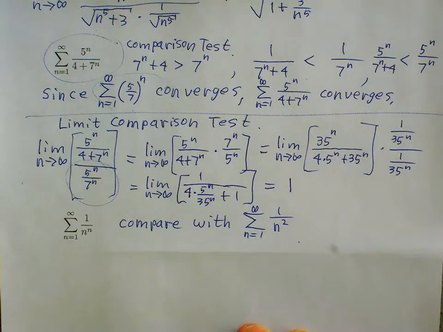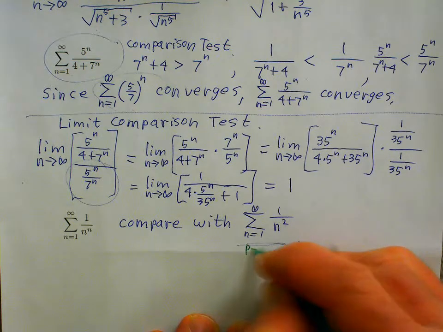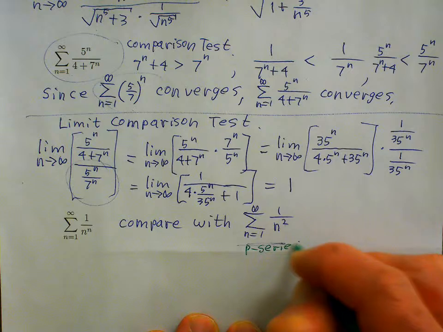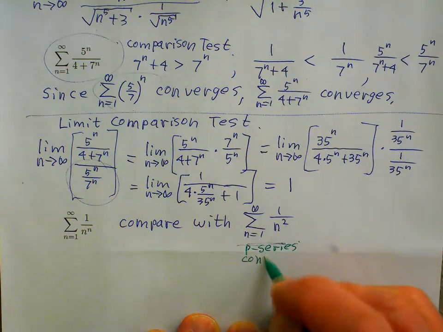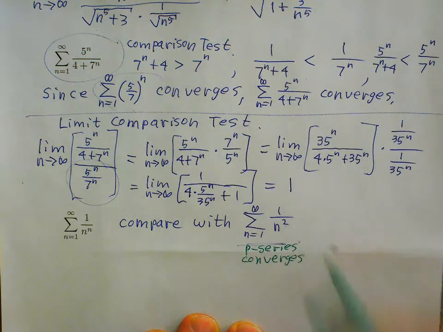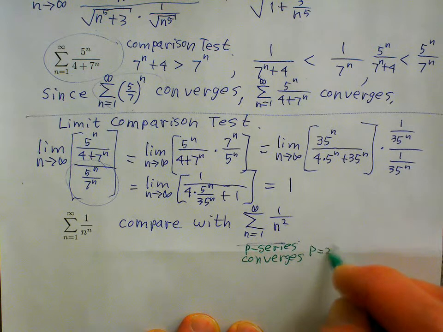We know that this series converges. It's a p series. The value of p is greater than 1. So this p series converges because p is equal to 2, which is greater than 1.